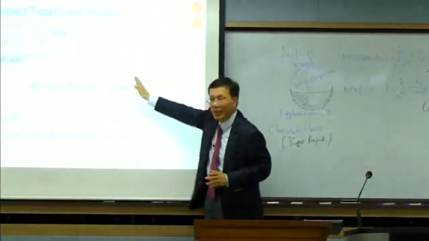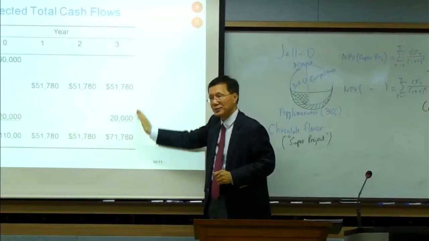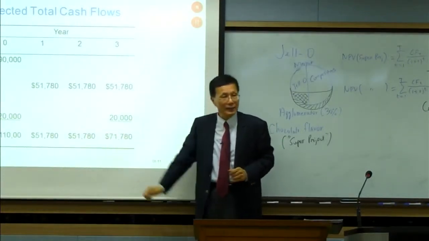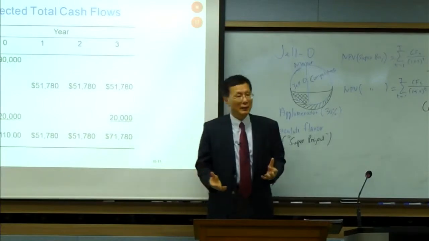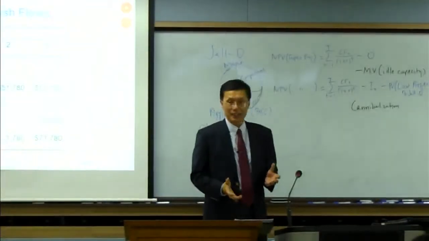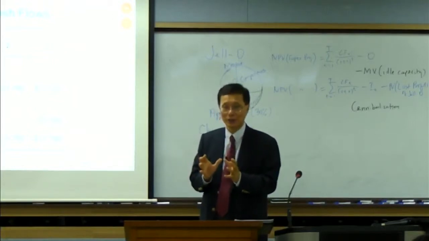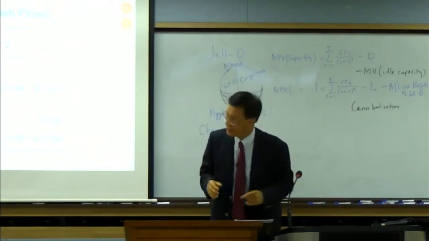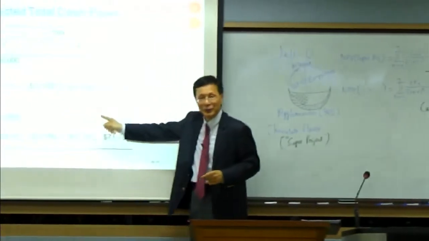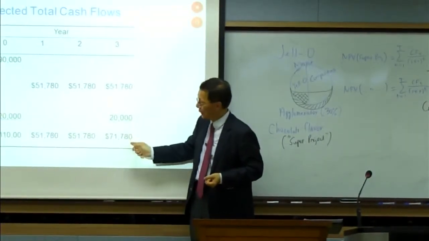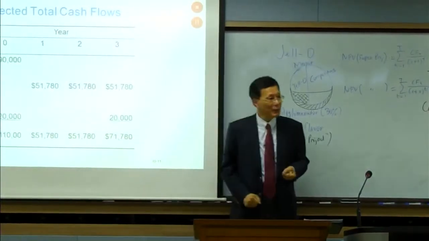So this is the end of the project time. This is the horizon. And at the end, there will not be net working capital needed anymore, because the project is over. So it will be recovered. So you get back net working capital, and that gives you $71,000.